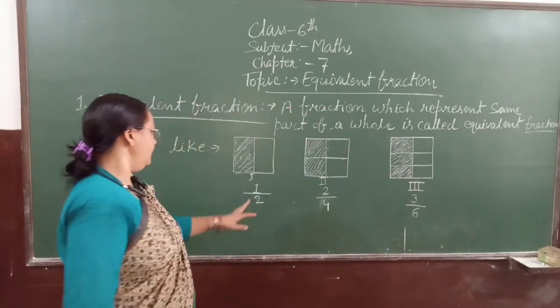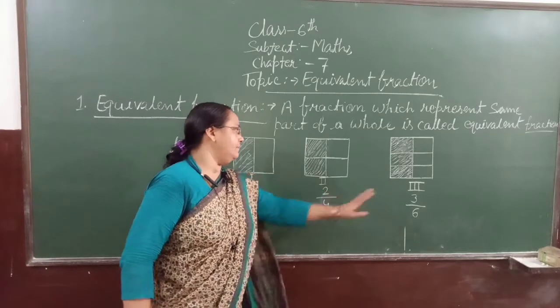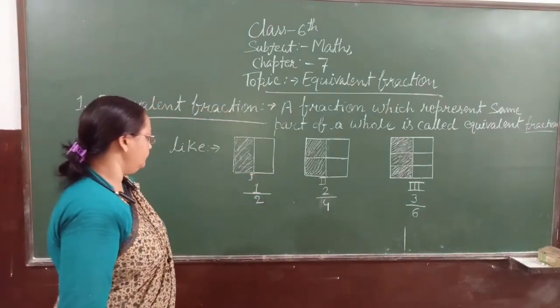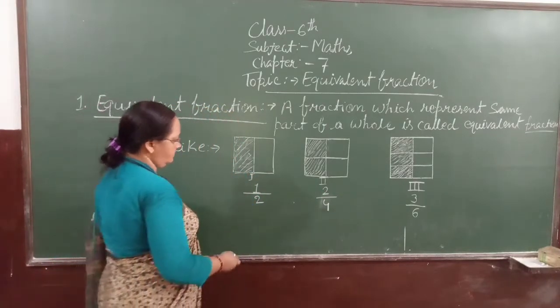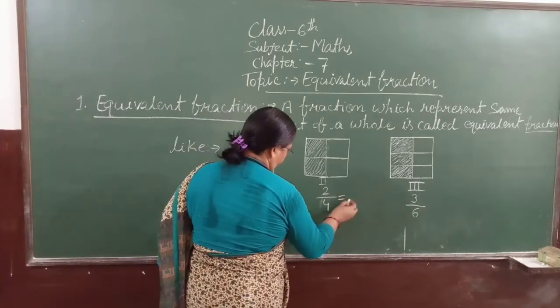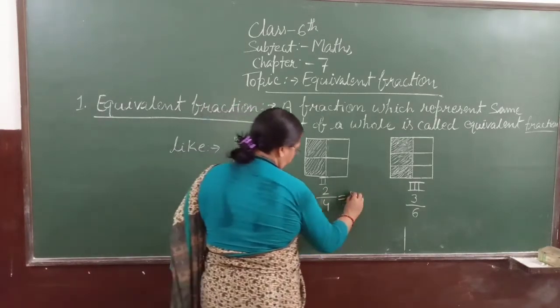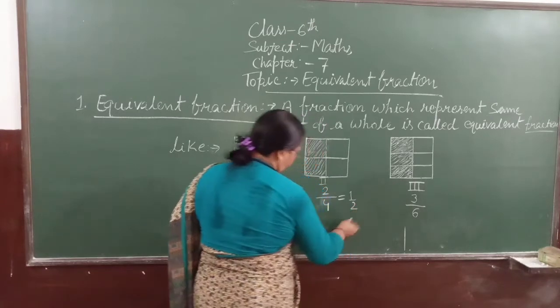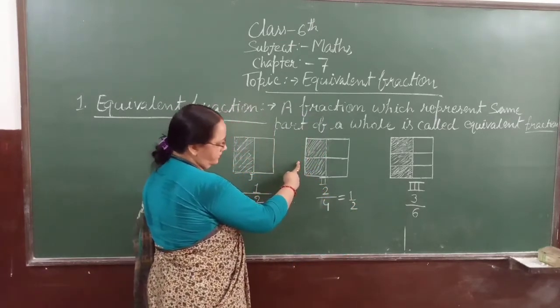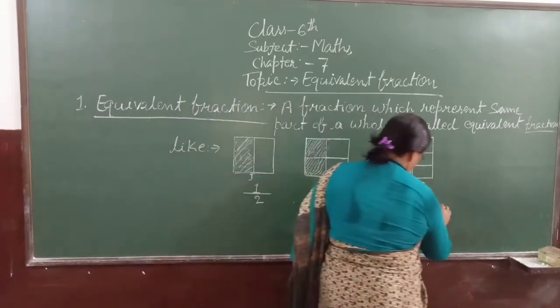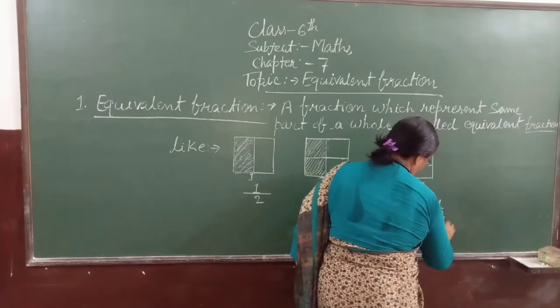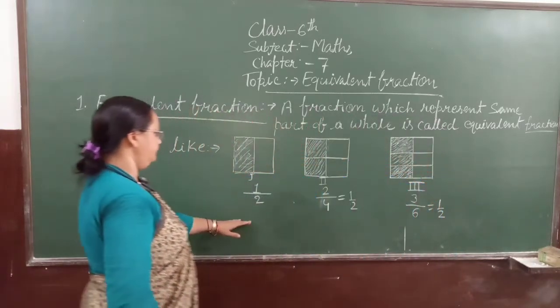Look here students, these are examples of equivalent fractions because 2 2s are 4. Basically, this is also a half part and this is also a half part.